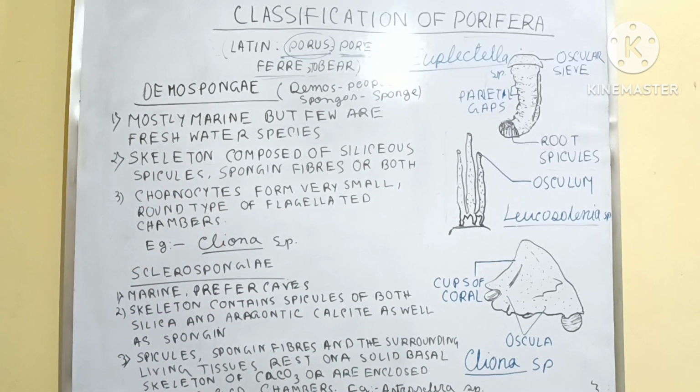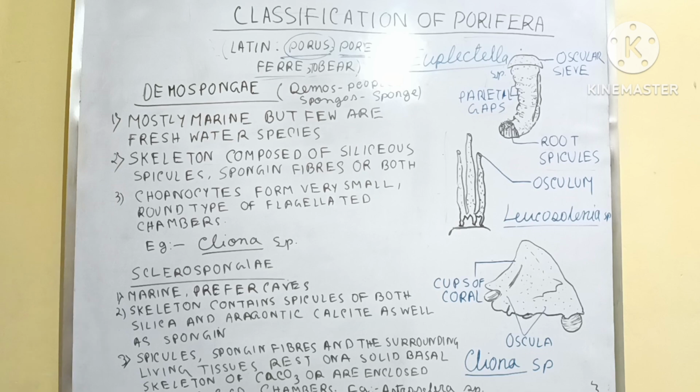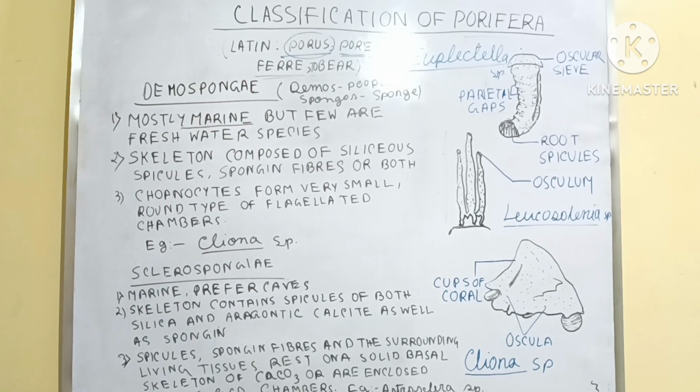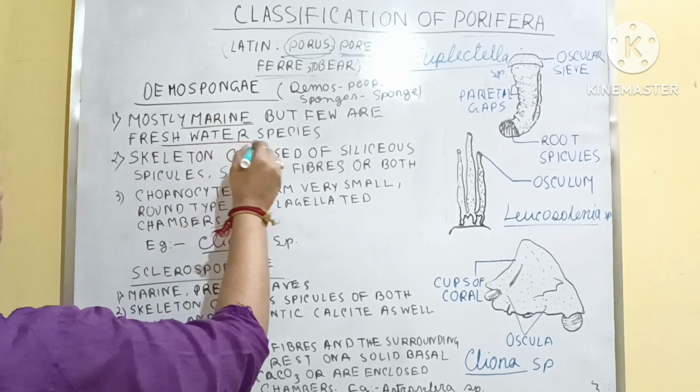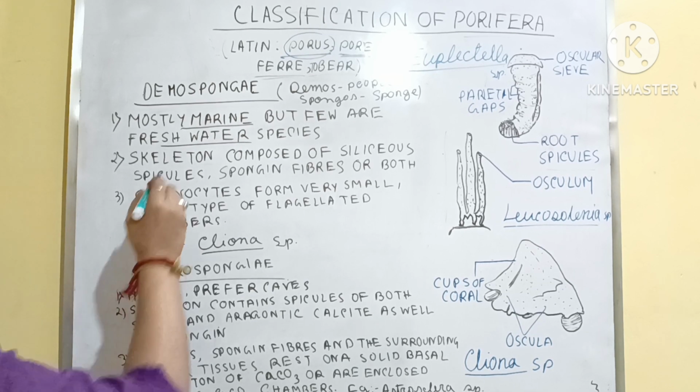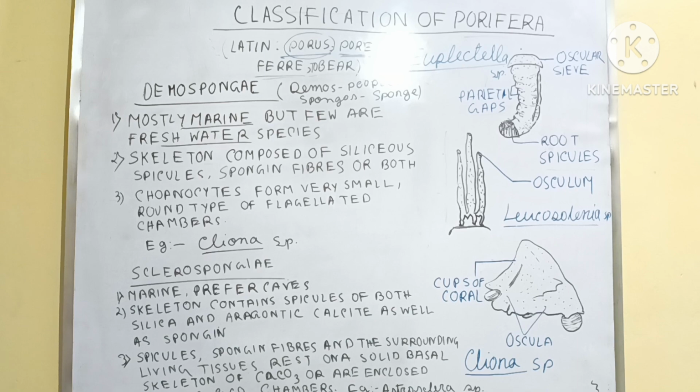Clear? And there are three characters. These are mainly marine, but few species are freshwater species. Mostly marine, but some of them are freshwater species, though few.